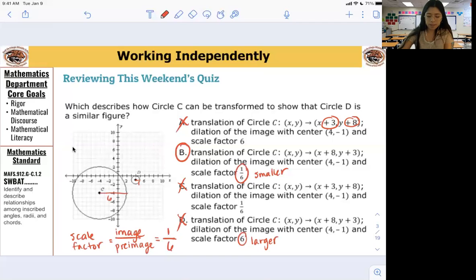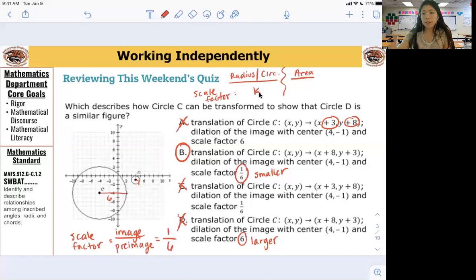By the way, speaking of scale factor, for radius and circumference, the scale factor is k. But if I'm talking about area, what's the scale factor again? So for radius and circumference, the scale factor is the same. But for area, what's the scale factor? It's something else. What is it?